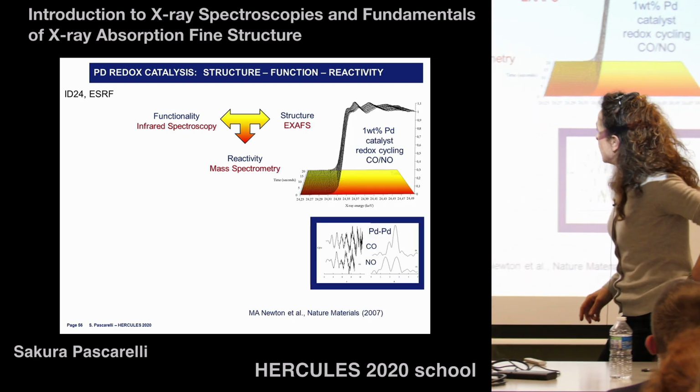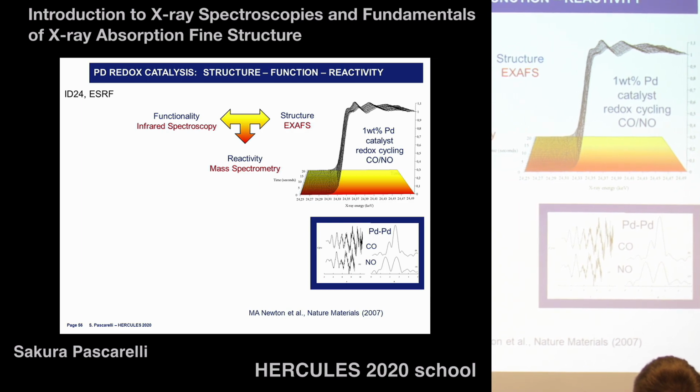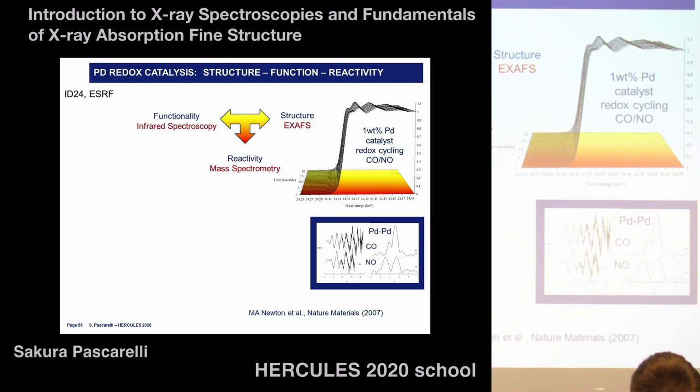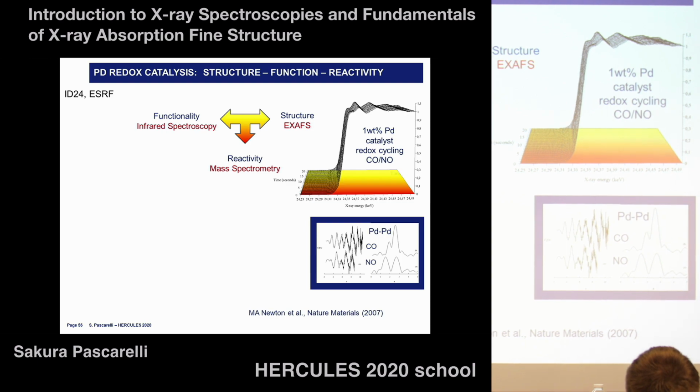So this was an example where we're looking at 1% palladium. I'm not a chemist, so forgive me if I say stupid things. But this is a palladium catalyst, 1% palladium in, I can't remember, maybe alumina. And it was looking at these redox cycling reactions.